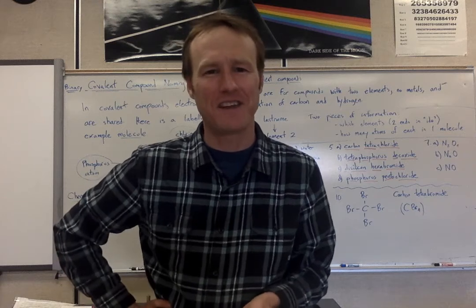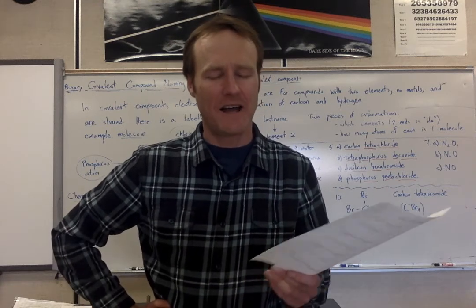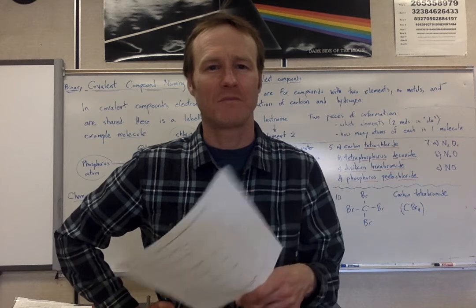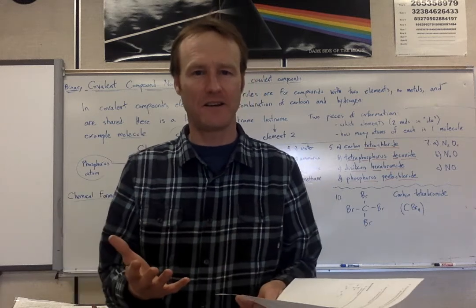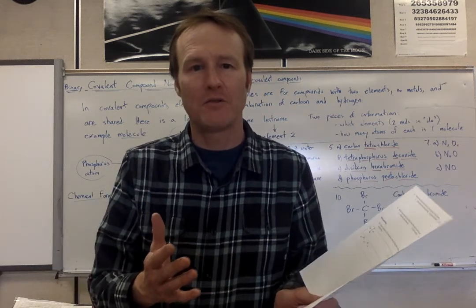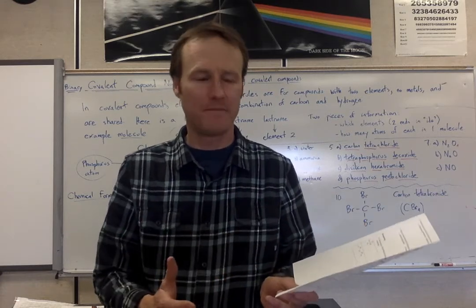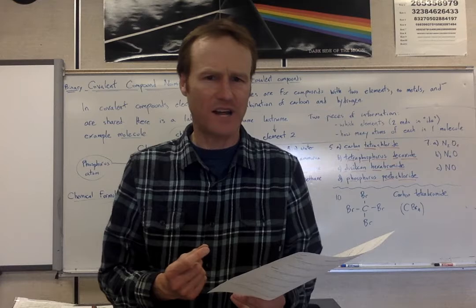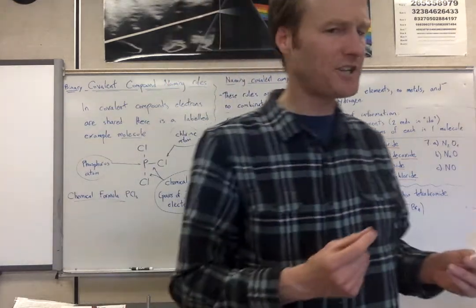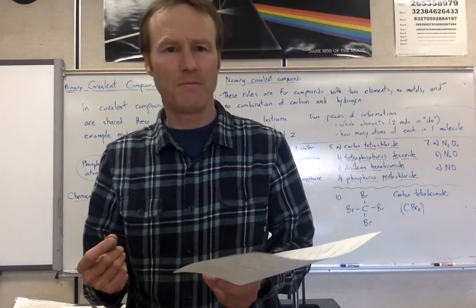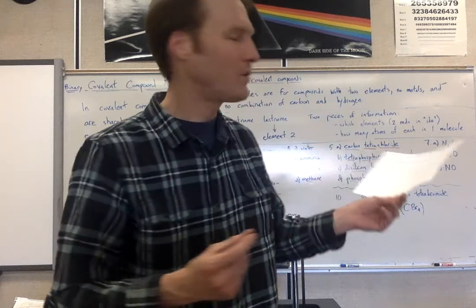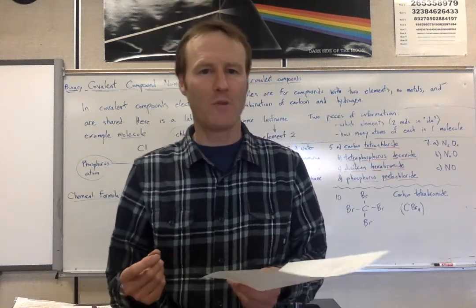So it comes first in the name, as well as first in the formula. Bromine is going to be second. Now, remember, we're going to have to drop the ine part from bromine and put on ide. Where does that leave us? It leaves us with CBr4, and we're going to call it carbon tetrabromide.